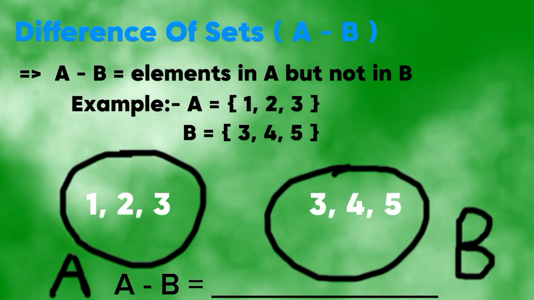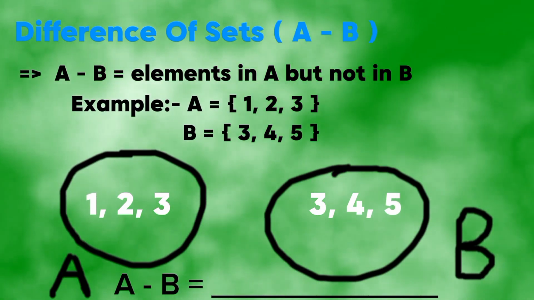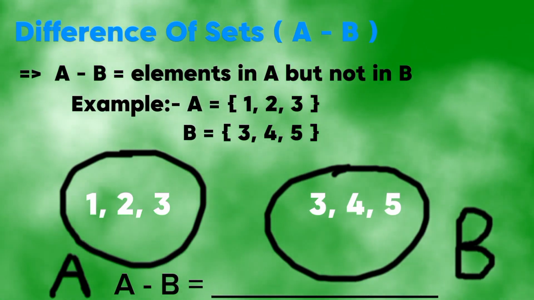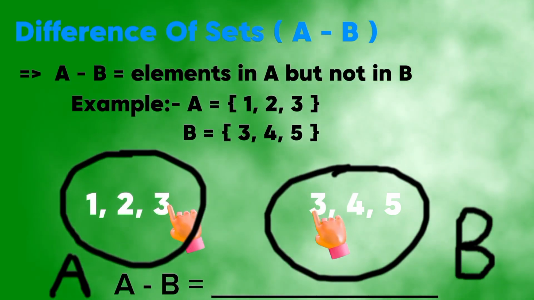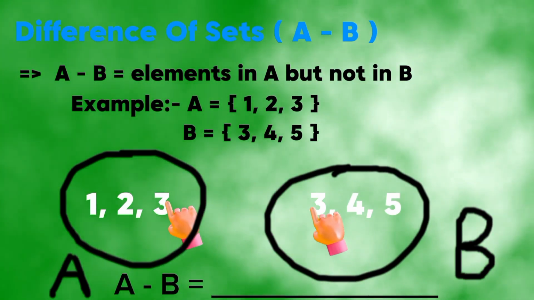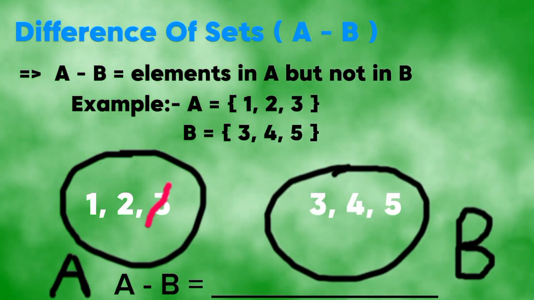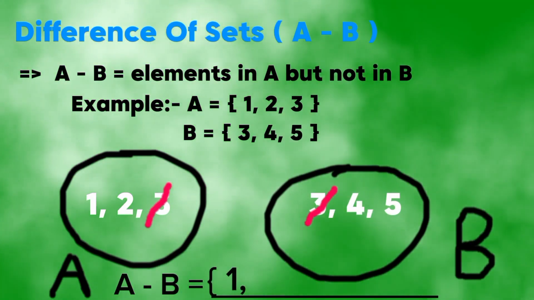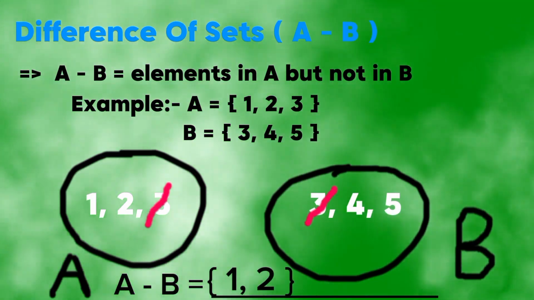So 1, 2, and 3 are elements in set A. Remove elements that appear in B. Since 3 is in both, we remove it. Result: A minus B equals {1, 2}.